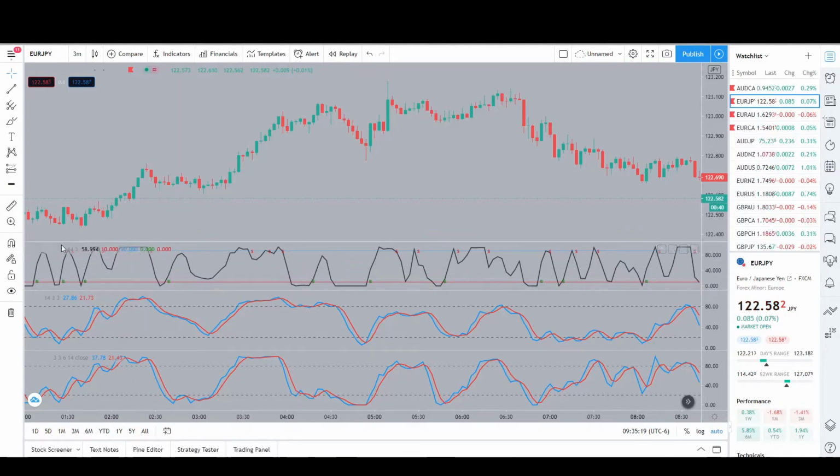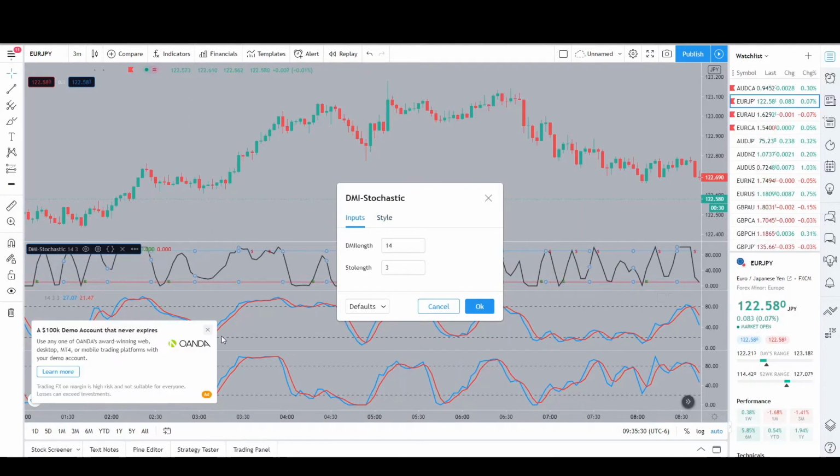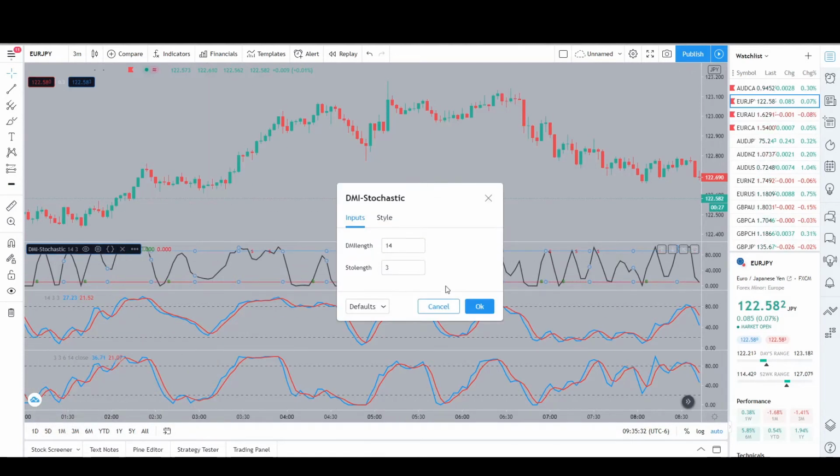For your DMI stochastic, if you go over to the little settings button here and click that, the style you don't need to worry about. You can change that to however you want. It's just the colors and whatnot of the actual indicator, but the inputs are what's important. Your DMI length is going to want to be at 14, and your stochastic length at 3.